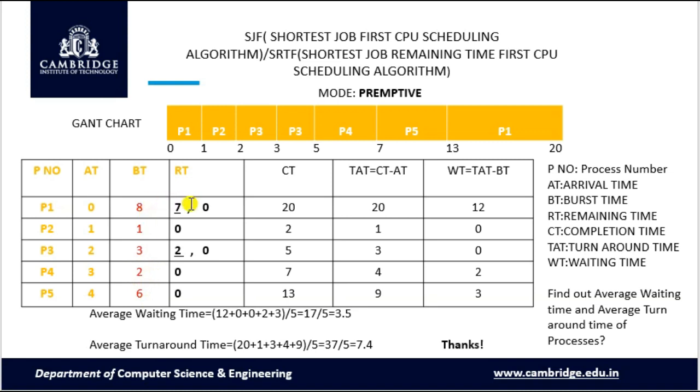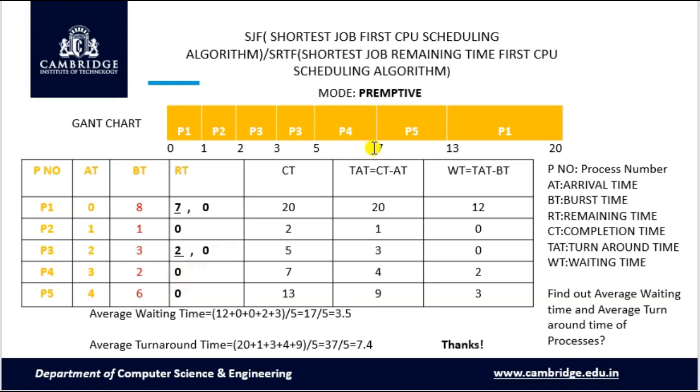That means the CPU is going to analyze and take the decision that P4 should be scheduled in the Gantt chart, okay? 5 plus 2 is 7, correct? That means P4 is also scheduled.